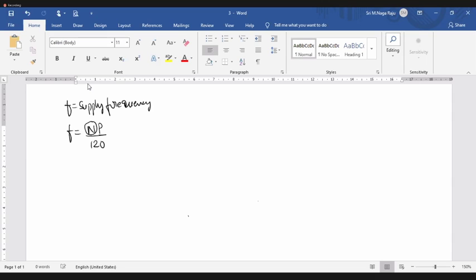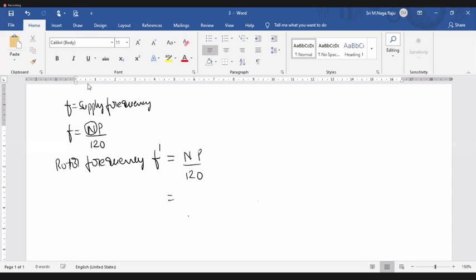Now the rotor frequency, meaning the rotor current's frequency, we denote with f dash. The formula for frequency is N times P by 120.